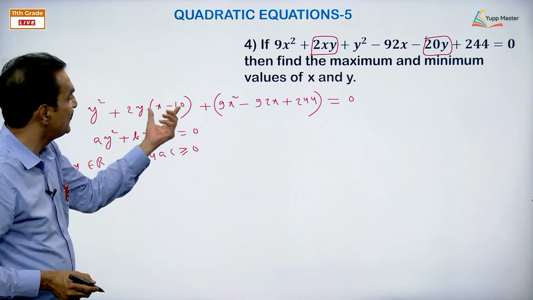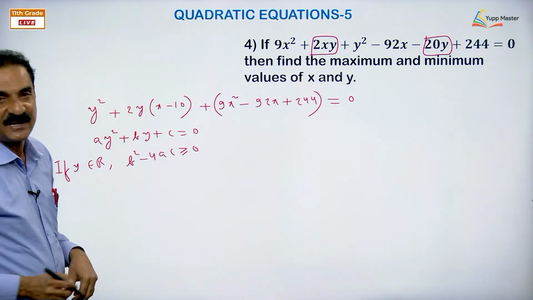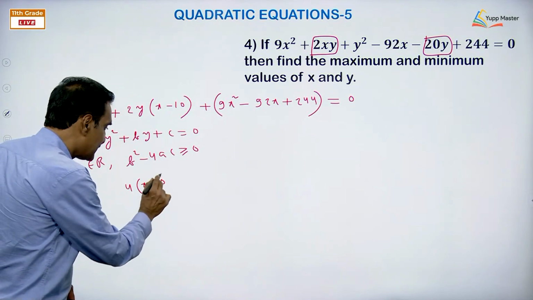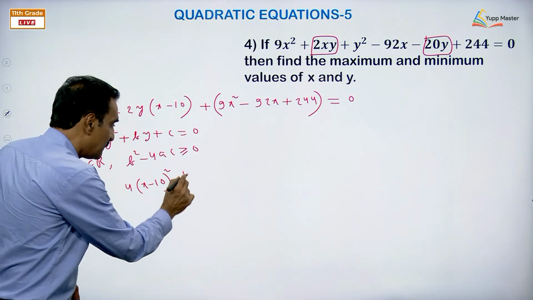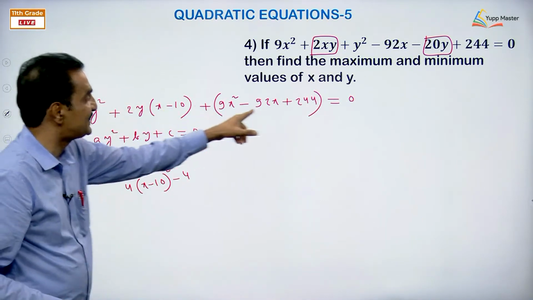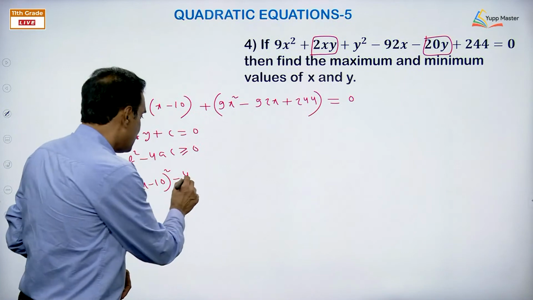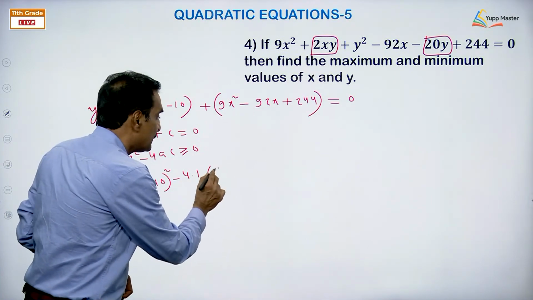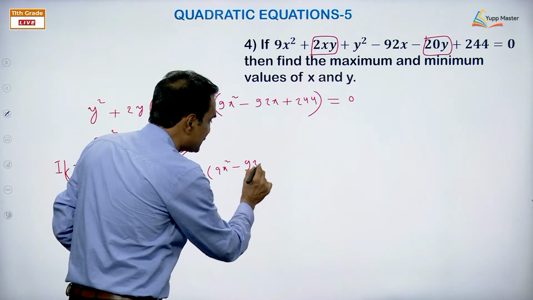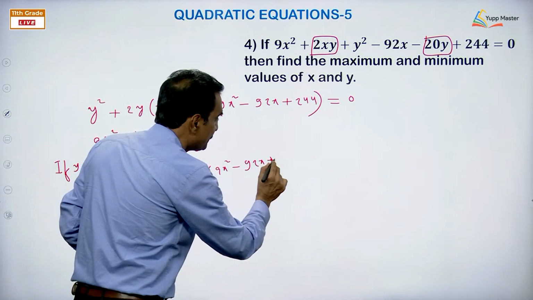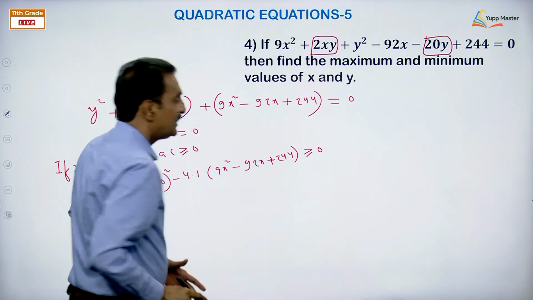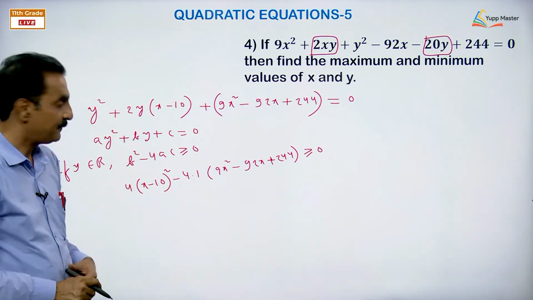What is b square? 2 into x minus 10 whole square, that is 4 into x minus 10 whole square, minus 4 into a into c, means 1 into 9x square minus 92x plus 244, should be greater than or equal to 0.